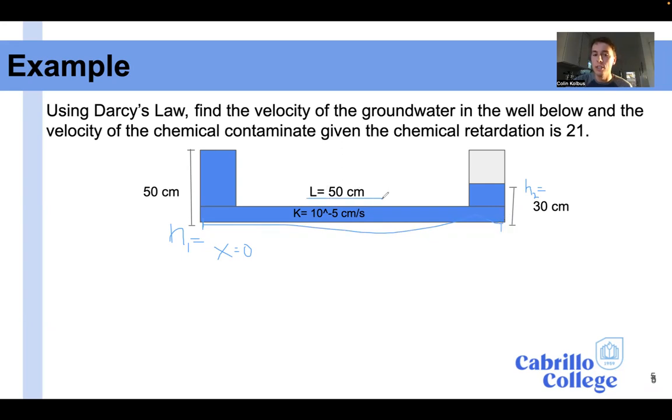But this question has actually just provided us the length. And so this is our dL is 50 centimeters. And so H1 minus H2 equals 20 centimeters. So our dH equals 20 centimeters.